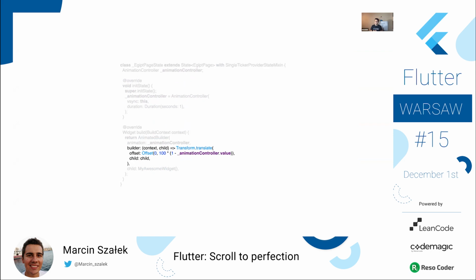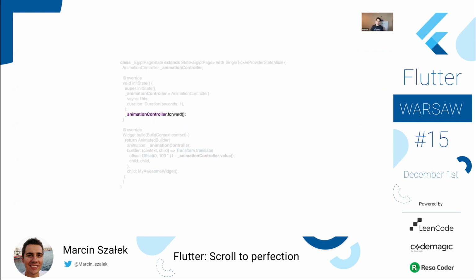In our case, it would make the widget go from 100 pixels below up to its position, so it would just move upwards. And now, because this will not cause the animation to actually run, we need to call the forward method. And there is a temptation to just call it in the init state.